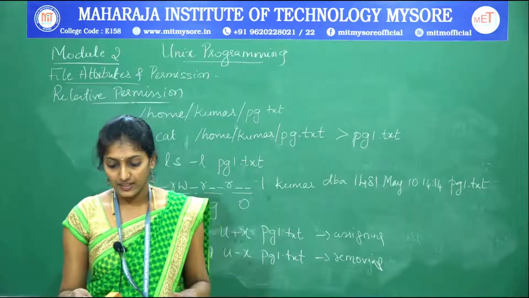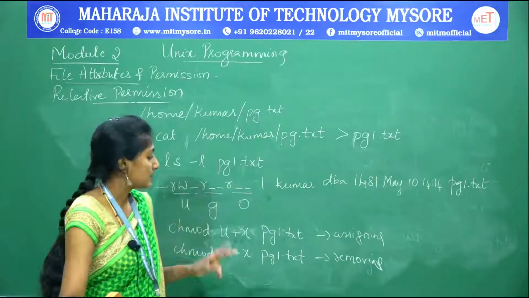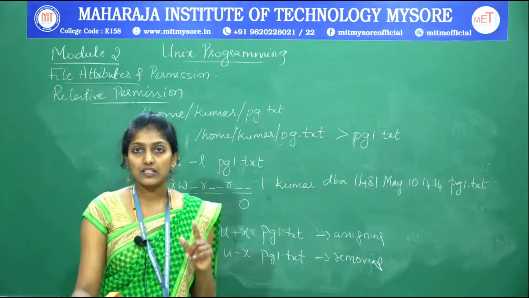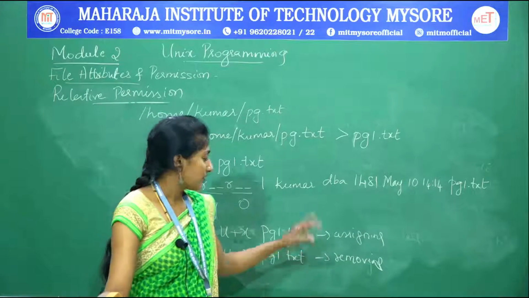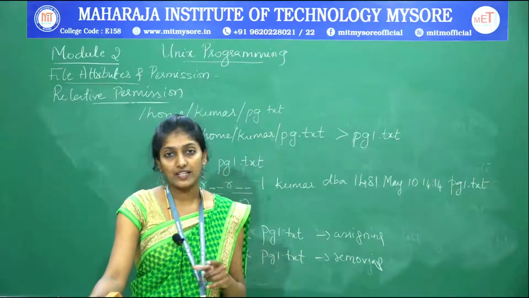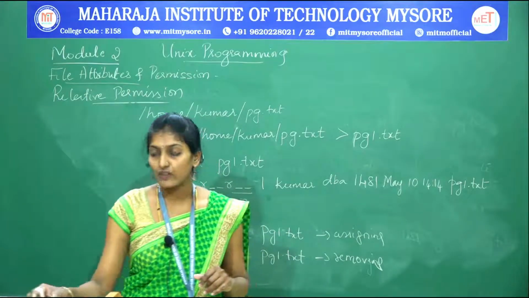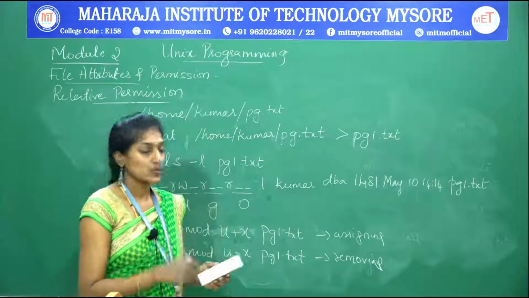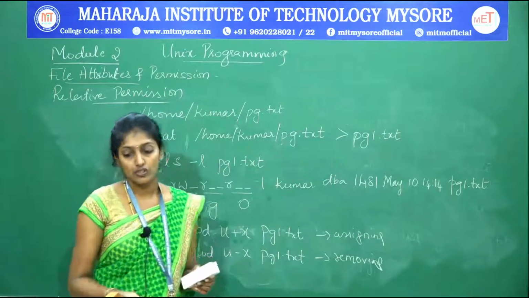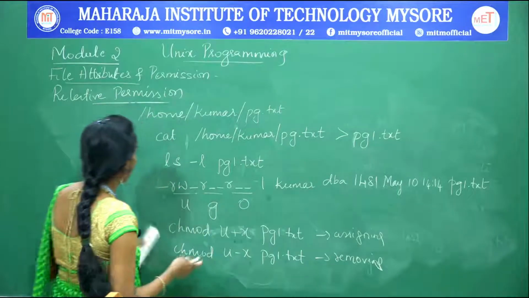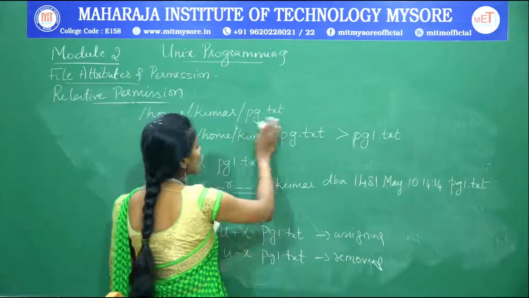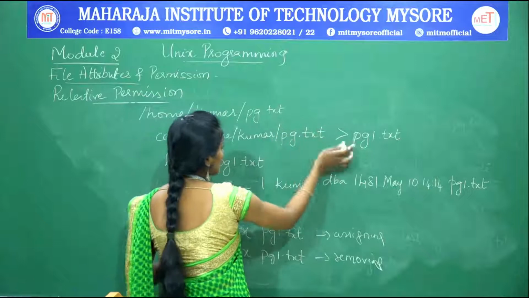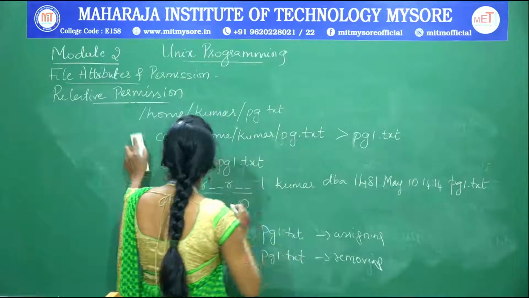What if the user wants to use multiple file names with chmod? If the user wants to assign the file permission to multiple files using chmod, even that is possible. So assume that I have three files under this. As of now I have these two files, right? Even I have one more file.